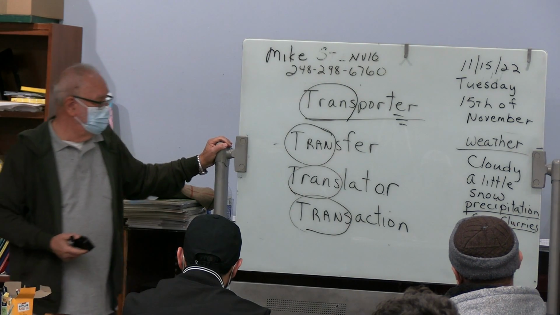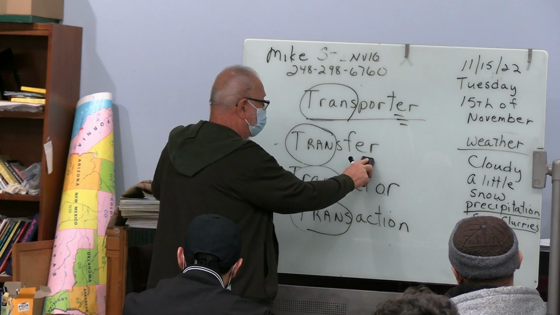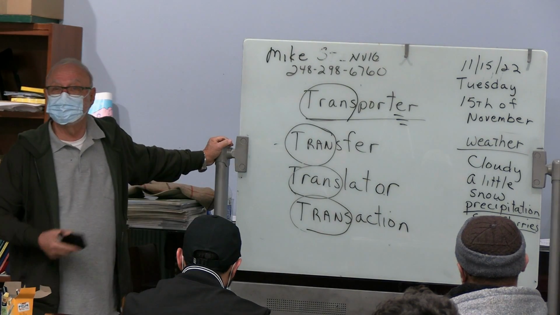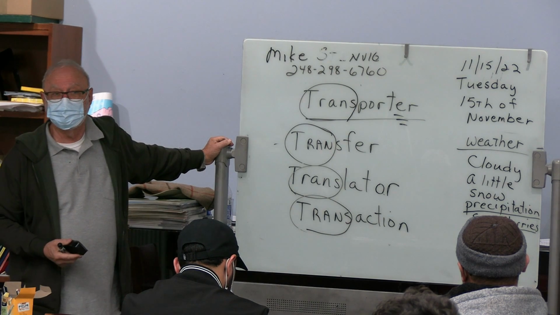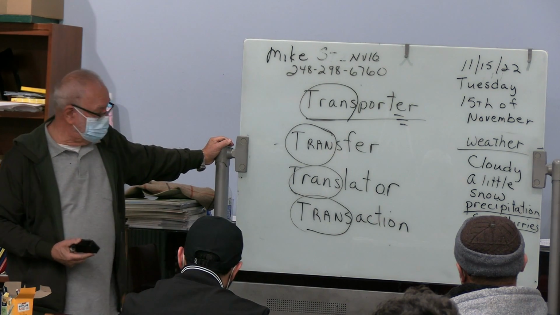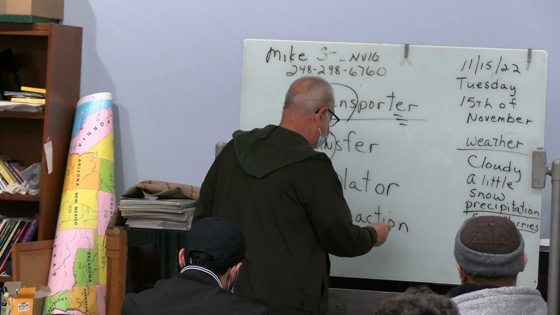of movement. So we've talked about these endings, ER, OR, often tell us the person or thing that's doing the work or the action or doing whatever it is. We also know this one.